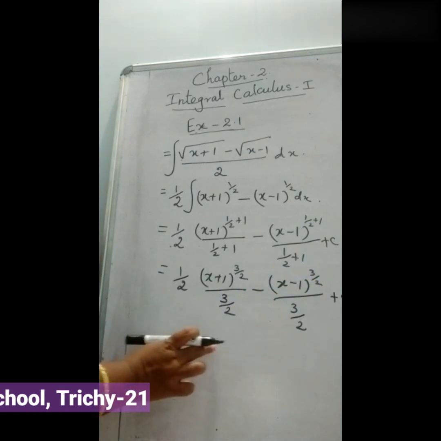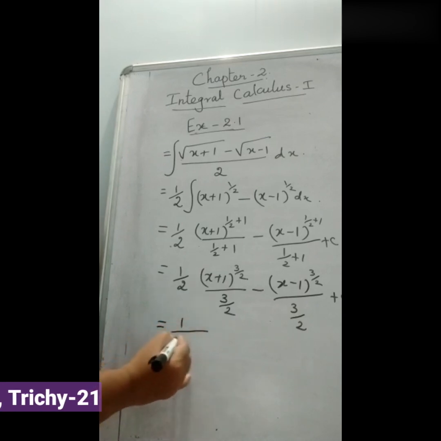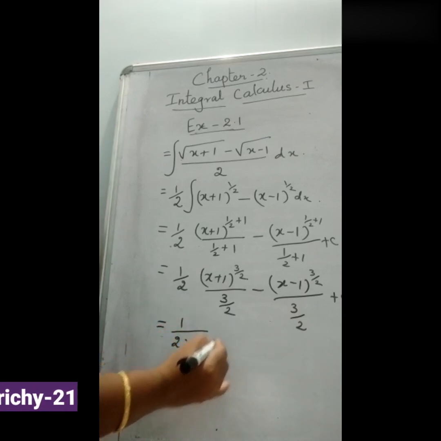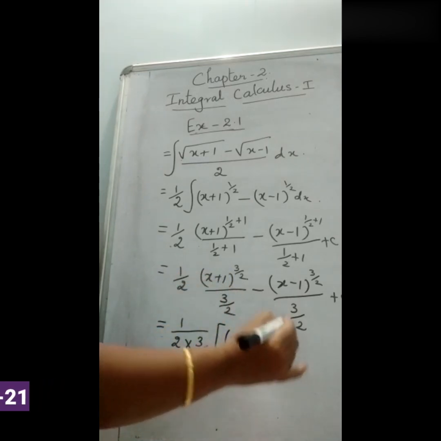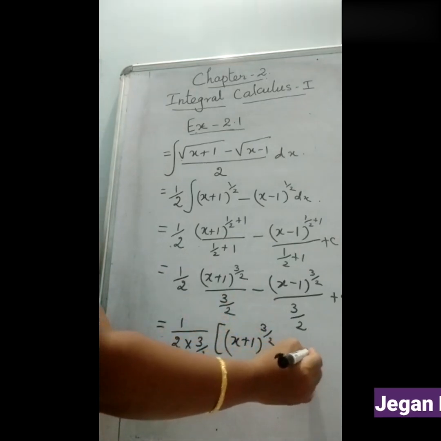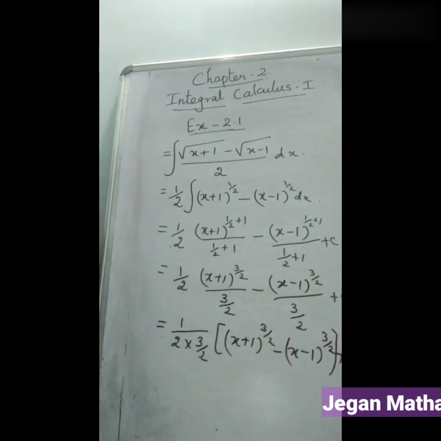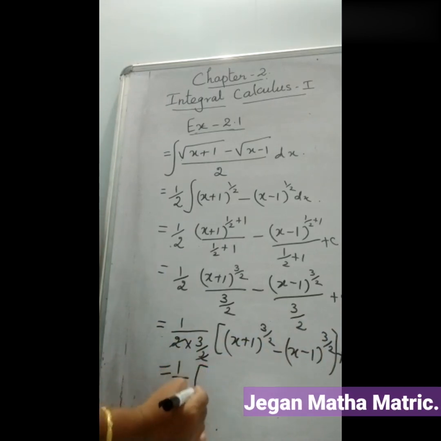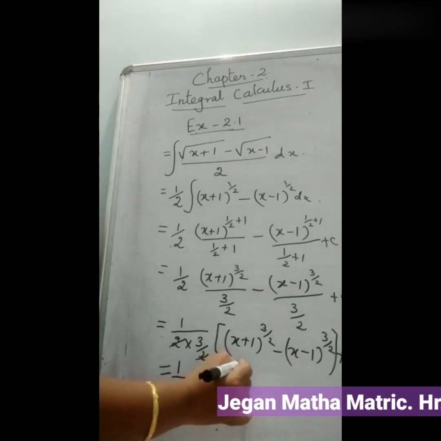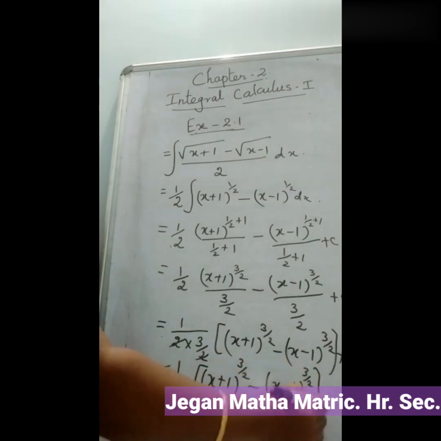Both terms have 3/2, so you take it out: 1 divided by (2 into 3/2) into ((x+1)^(3/2) minus (x-1)^(3/2)) plus c. Now the 2 and 2 will be cancelled. So the final result is 1 by 3 into ((x+1)^(3/2) minus (x-1)^(3/2)) plus c.